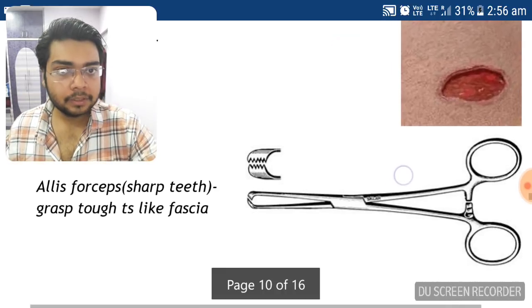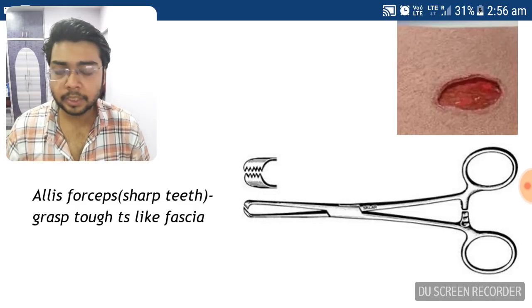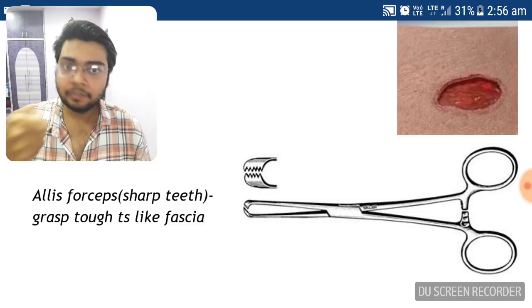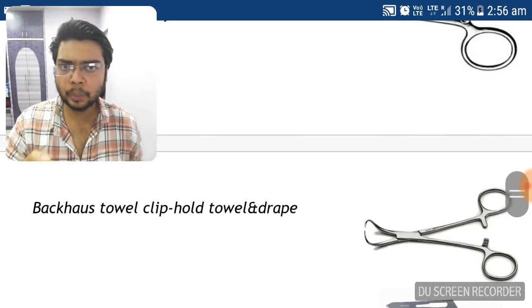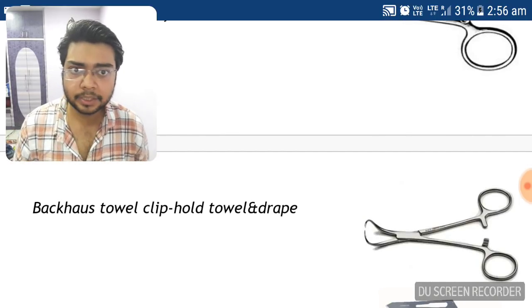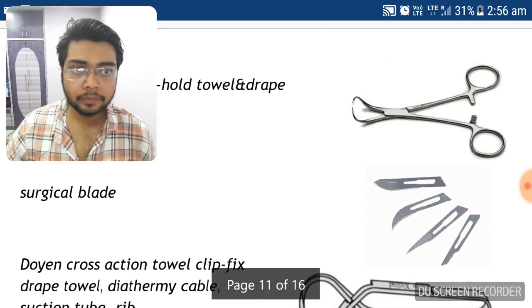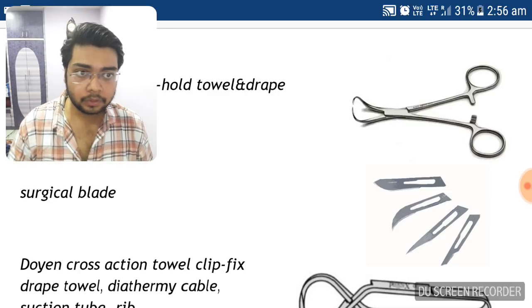Now some of the basic instruments I have already discussed, but this is to give you just a general idea again. Allis tissue forceps used to hold the tough fascias. It has sharp teeth. This one is the towel clip. You must have seen it during your internship days. Backhaus towel clip. Surgical blades, you must know different types of blades, different numbers, and their uses.